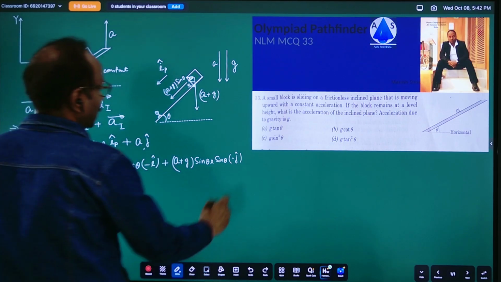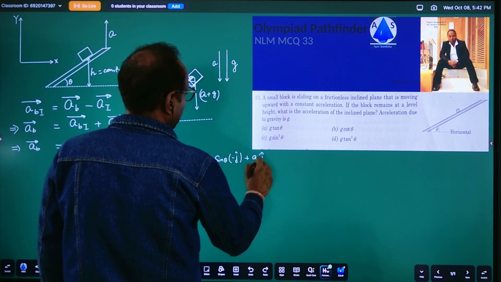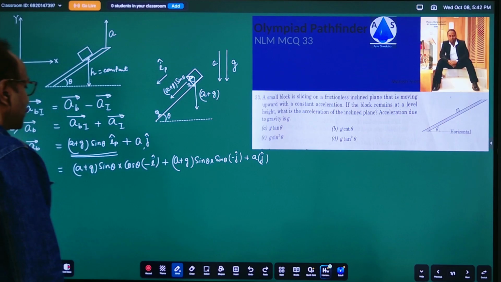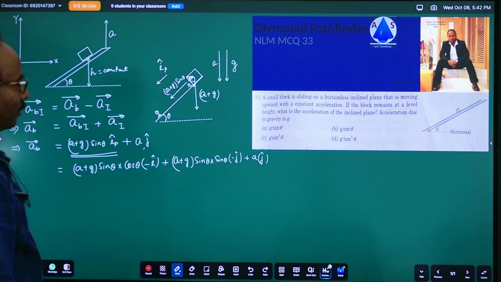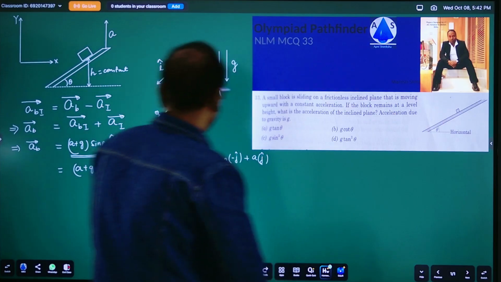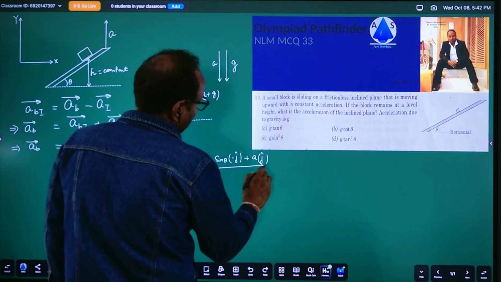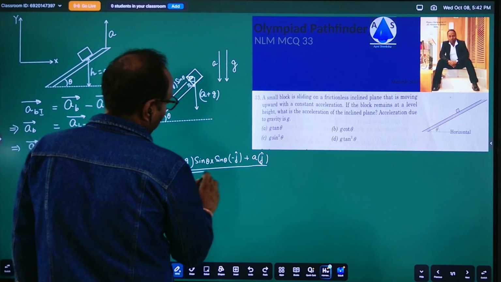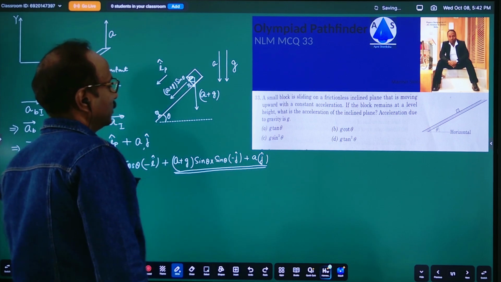Then plus... for the y coordinate not to change, the component of acceleration in the y direction should be 0, so this portion should be 0.